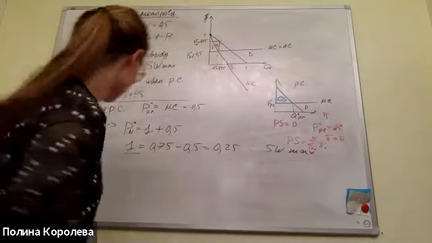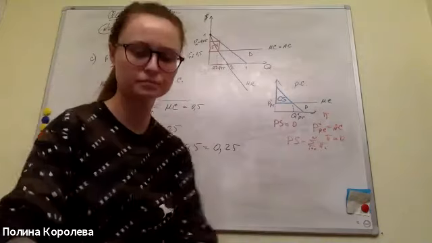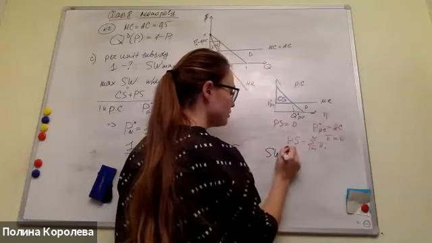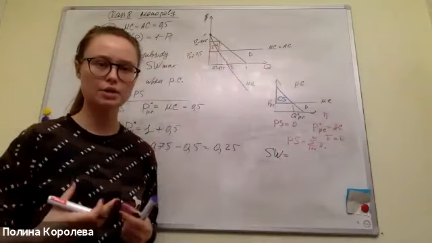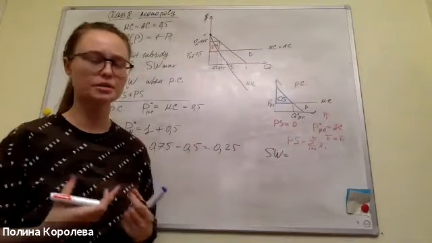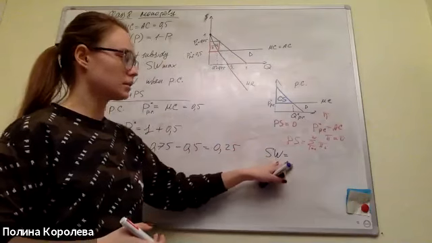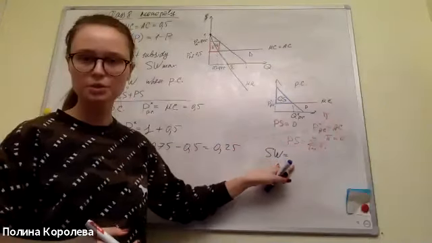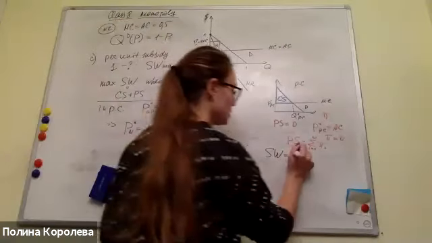And social welfare is the sum of surpluses of all economic agents that are present in the market. In the perfectly competitive case, social welfare is consumer surplus plus producer surplus, because we have consumers and producers.